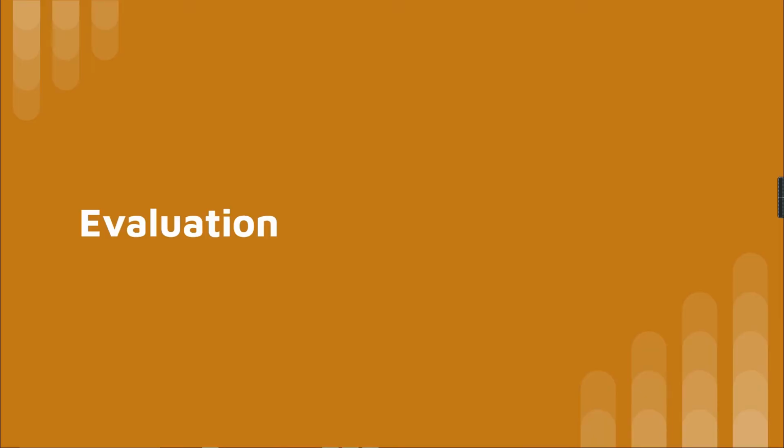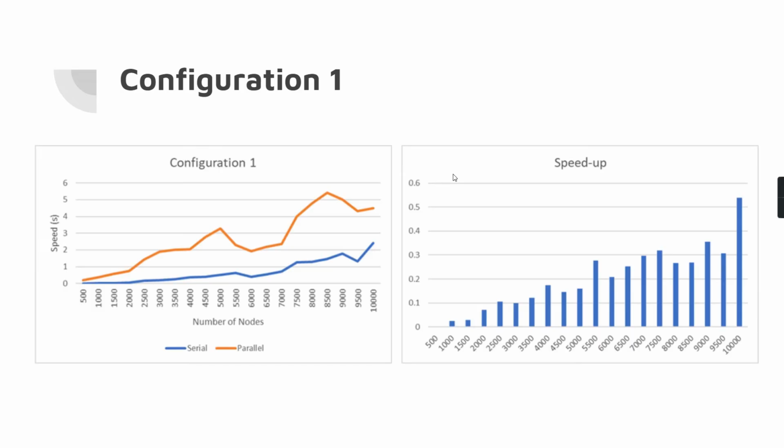Alright, now we're going to talk about the evaluation of our results. Here you can see the graphs for configuration 1, which was statistically one of the middle of the road configurations that we had.